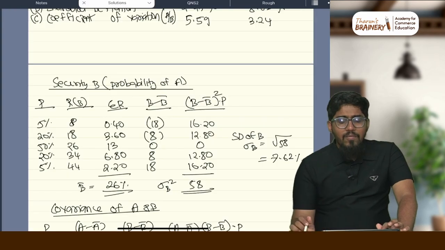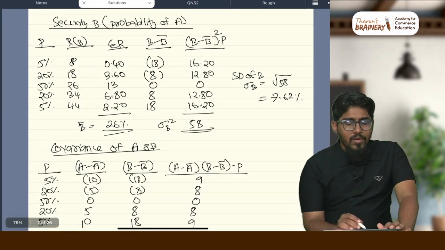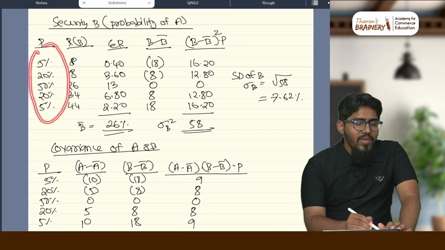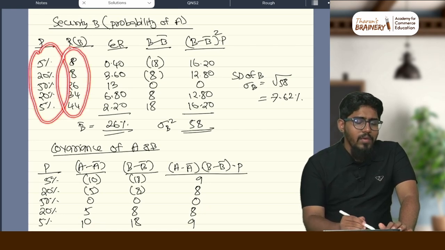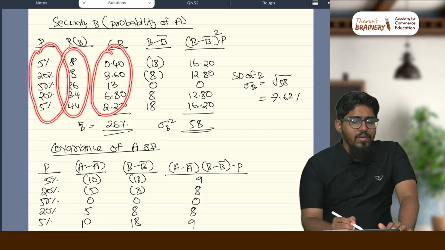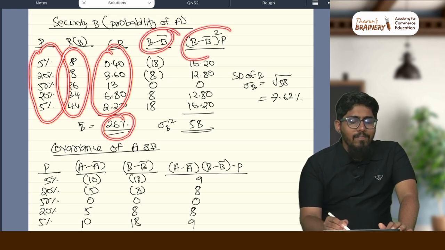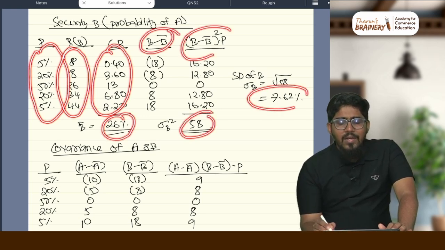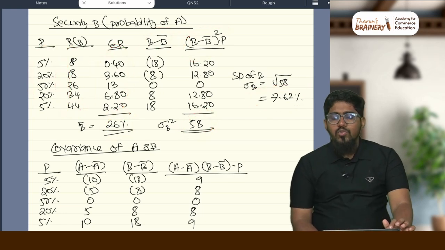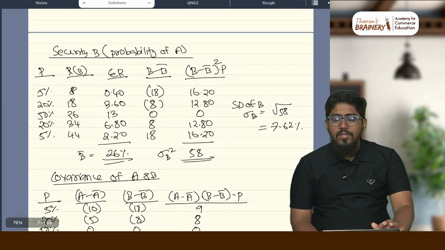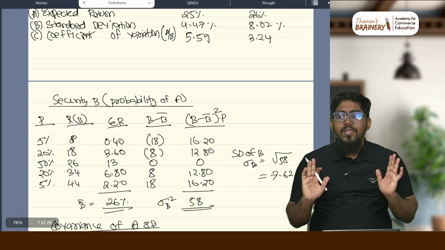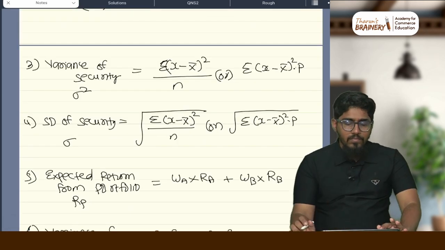So for that you have to find out security B again, with the probability of A. The expected return of B is 26, then the mean deviation, the variance, and the standard deviation 7.62%. Again you have to calculate this. If you have this much clarity, let us jump on to the next one.